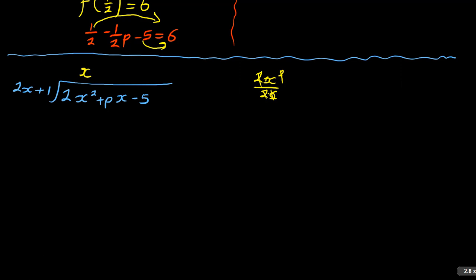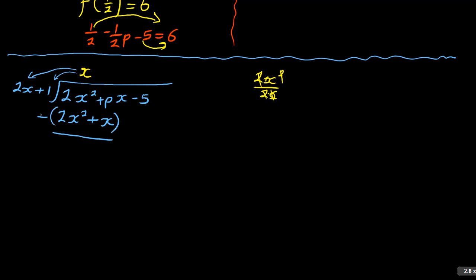And then when I have x on top, I multiply x by both terms of 2x plus 1. So x times 2x is 2x squared, and then x times 1 is plus x. After that, I roll off and I subtract.